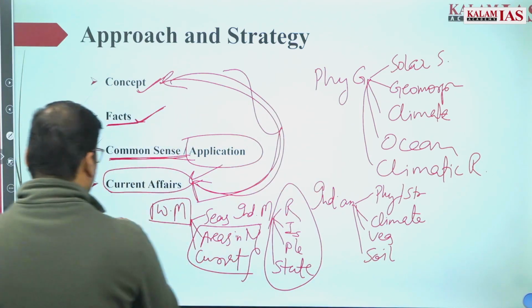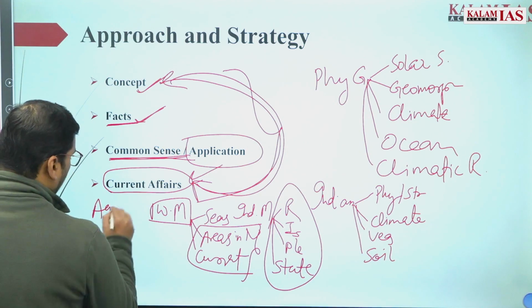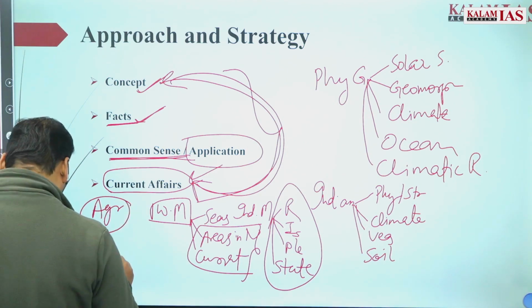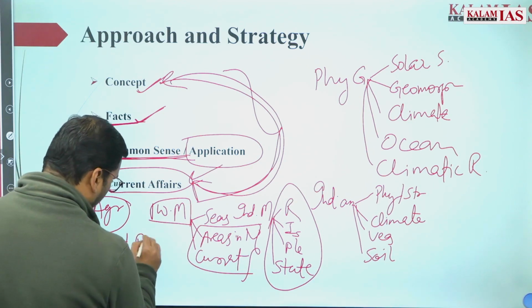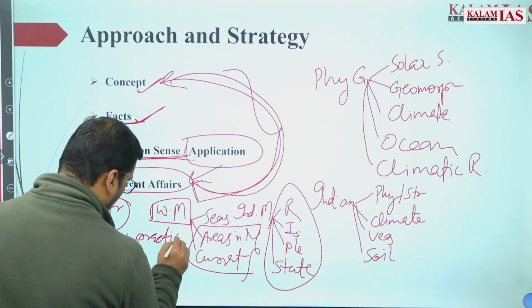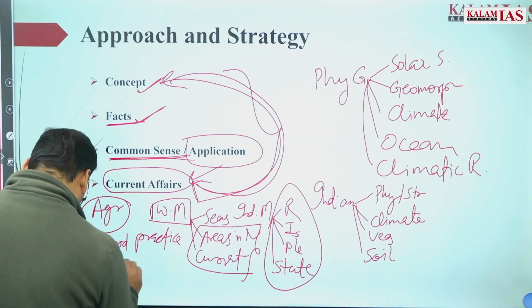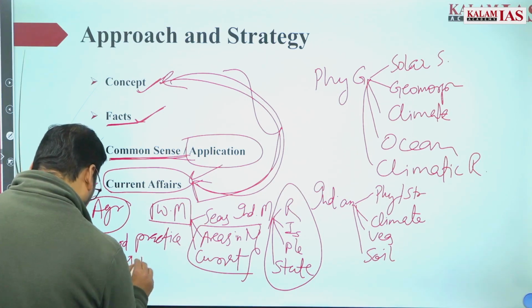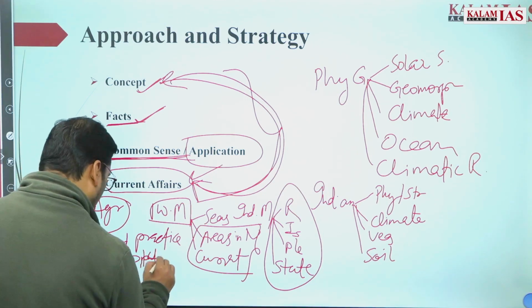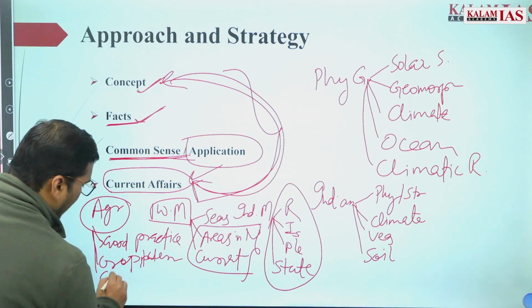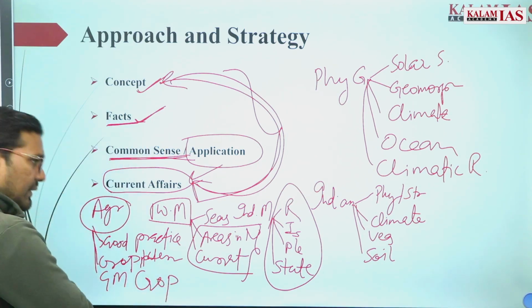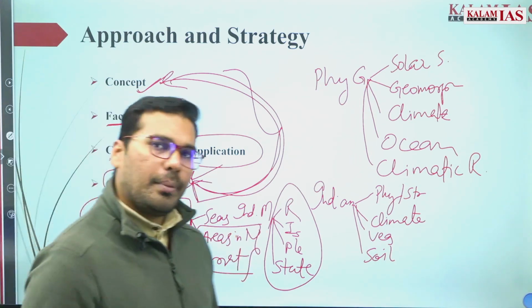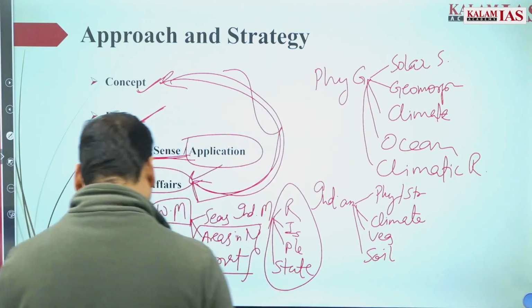Then comes agriculture. A lot of questions have been asked on the agriculture section as well, and in this, like good practices of cropping, because questions have been asked on this, the crop pattern. Okay, crop pattern, GM crops as such. If you are able to practice questions on these themes, you will be more equipped in the examination hall as well.